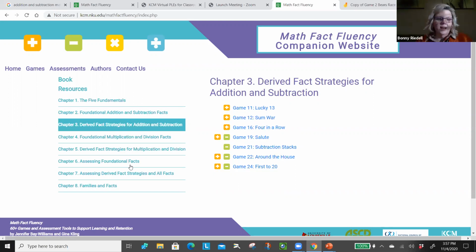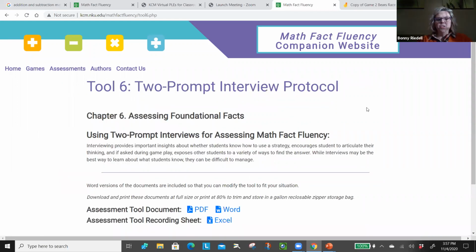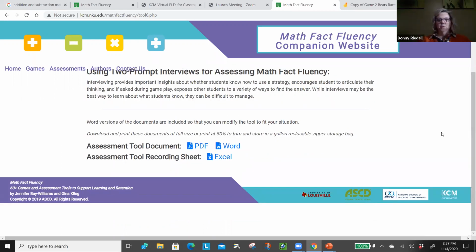But another exciting thing that Kelly worked so hard on is the assessment tools. So if you click on chapter 6, you're going to use our games as an opportunity to assess, which is a fantastic thing to do. You might go into your book, chapter 6, which is about assessing foundational facts, and say, okay, I'm going to assess some foundational facts.